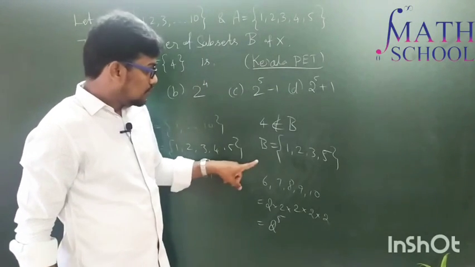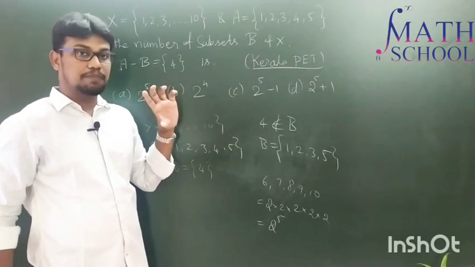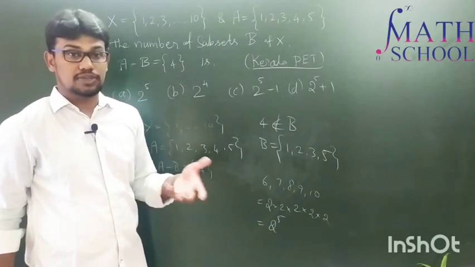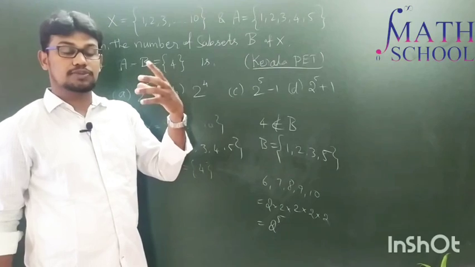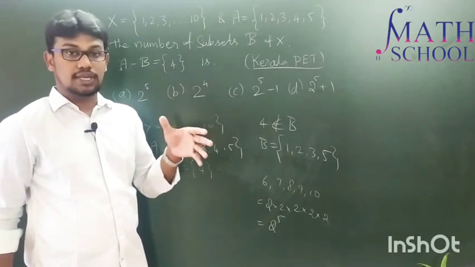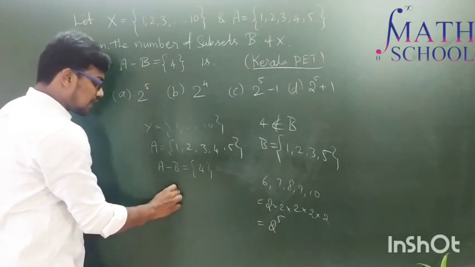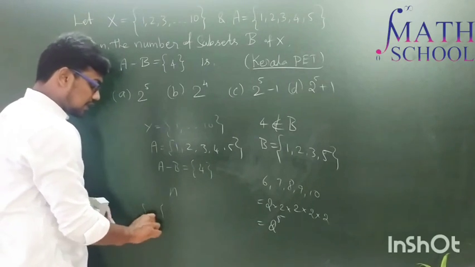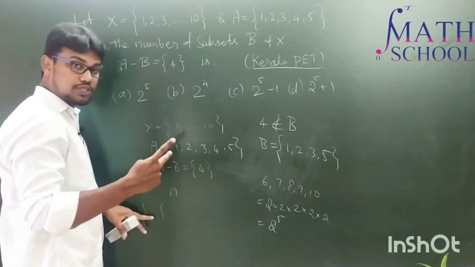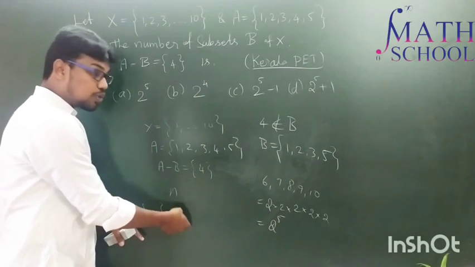Do you get it? I have already made a video on why, if a set has n elements, the number of subsets of the set is 2 to the power n. If a set has n elements and we are creating a subset of it, each element has 2 possibilities: either the element may belong to the set or be out of the set.